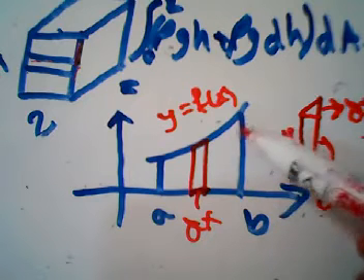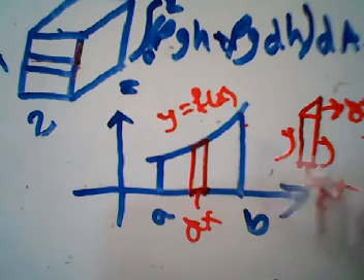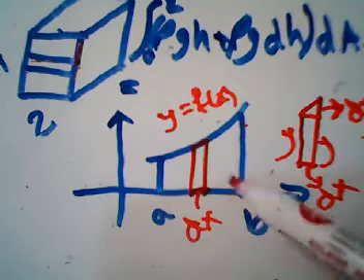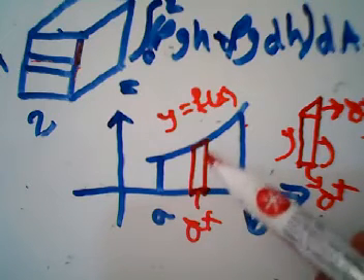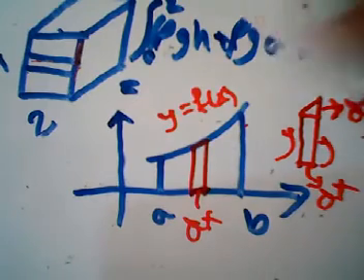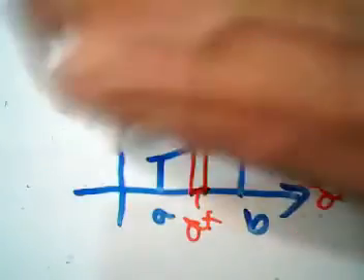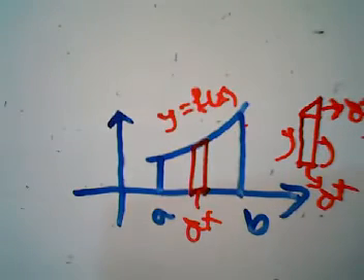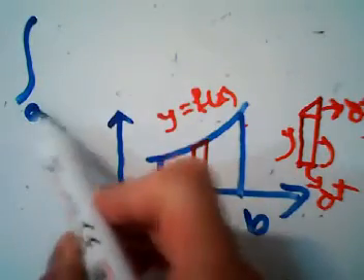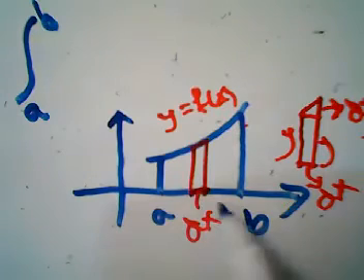And now the area under this curve above the x-axis between A and B, these two vertical lines, equals the sum of all such infinitesimal surfaces. So it would be the integral from A to B of this.